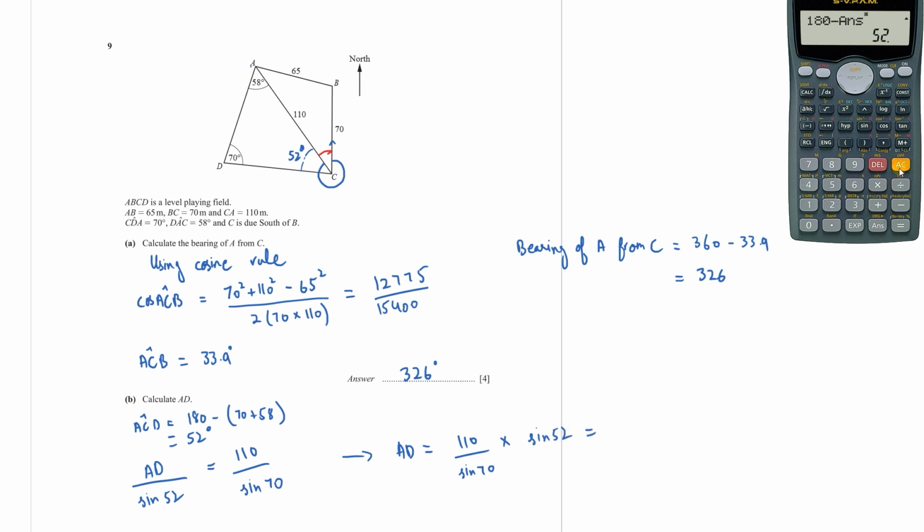So this is 110 into sine of 52 divided by sine of 70. This gives me 92.2 meters, correct to three significant figures.